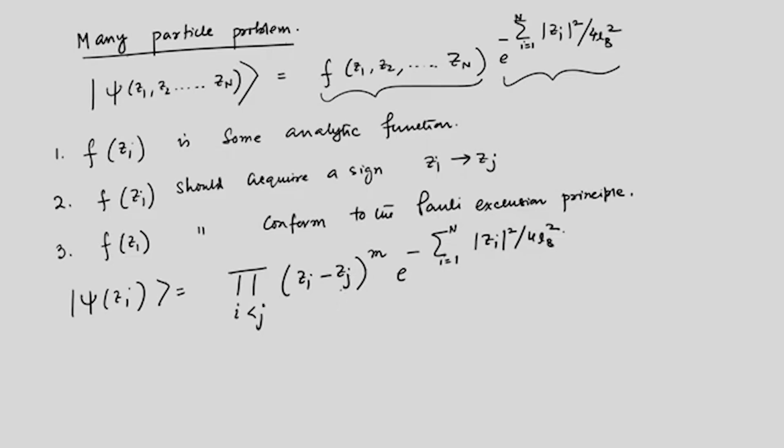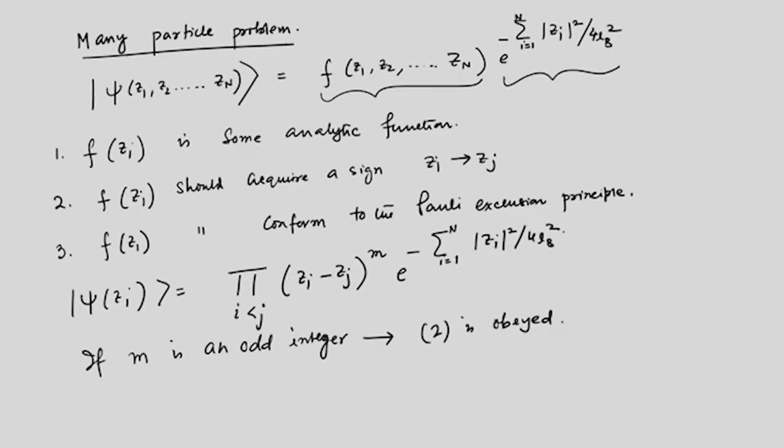And you see if m is an odd integer, then of course 2 is obeyed, right, because if you change i and j, you pick up a negative sign only when m is odd. And that's why we said that this m has to be an odd integer, and the filling fraction would correspond to 1 over m. That is another thing that we'll show in a moment.